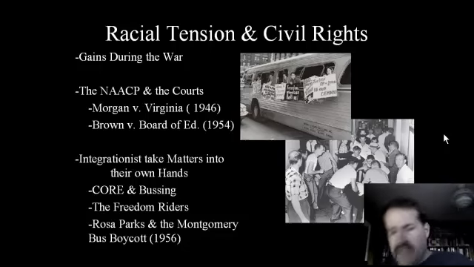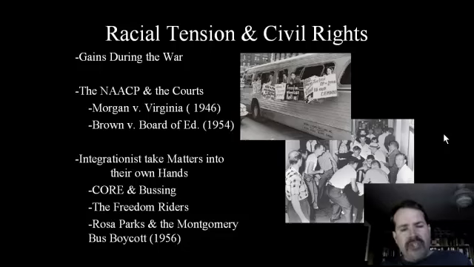Why the 1950s? Well, first, blacks made several gains during the war. You got 18 million American men, mainly white men, going off to war. That leaves openings in good manufacturing jobs for blacks to enter and get a job. But also, you have blacks serving in the military.